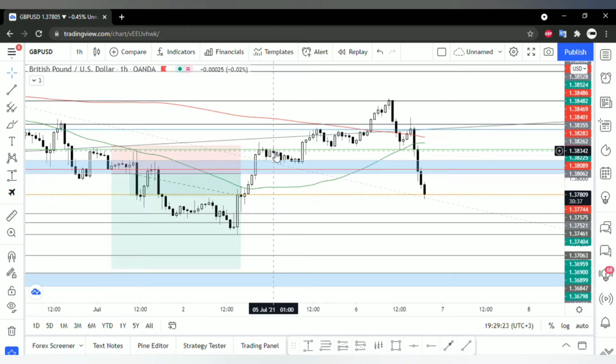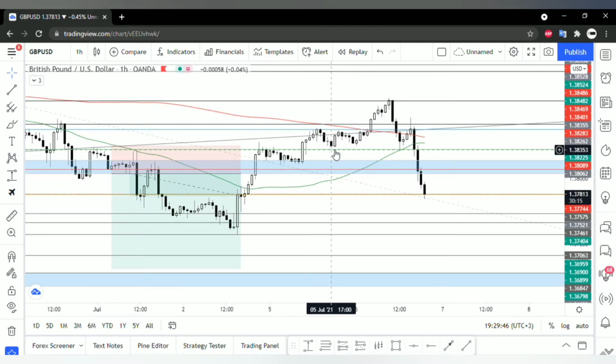It managed to retest, but due to this area here, which is a very strong resistance that became support, the market was able to move upwards and met the 0.618 level.